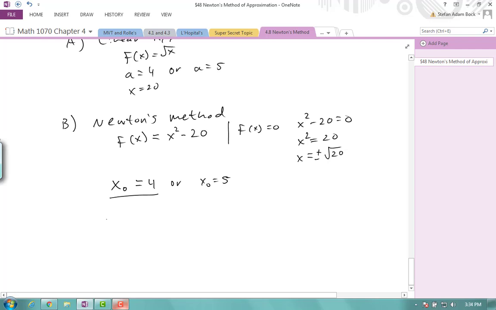So what do I need out of this? I need f prime of x, and that's equal to 2x. Doesn't get much easier than that.